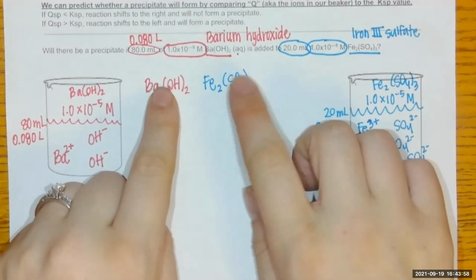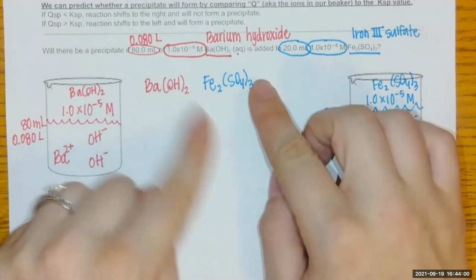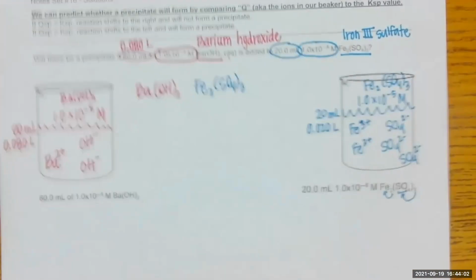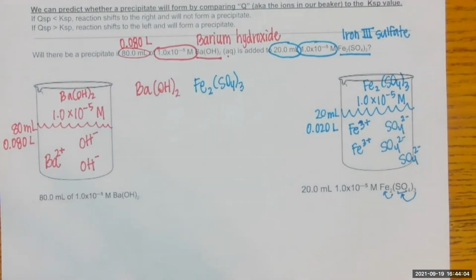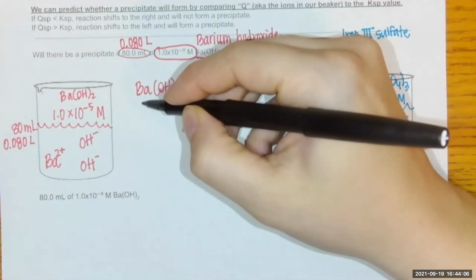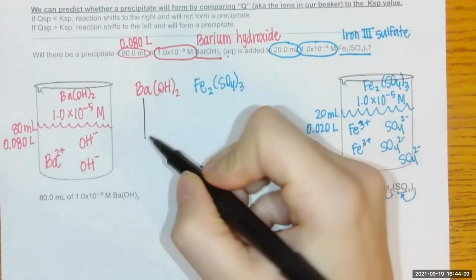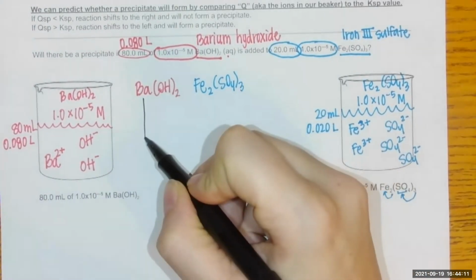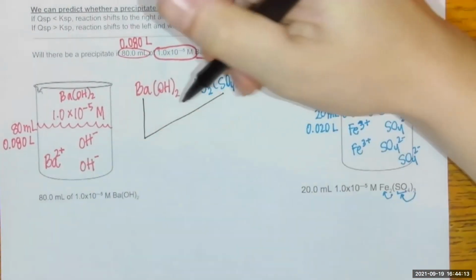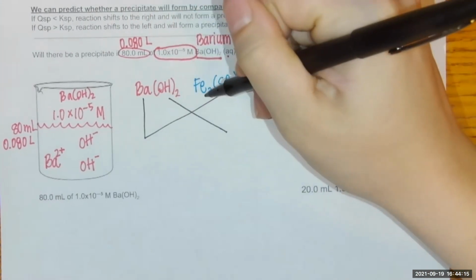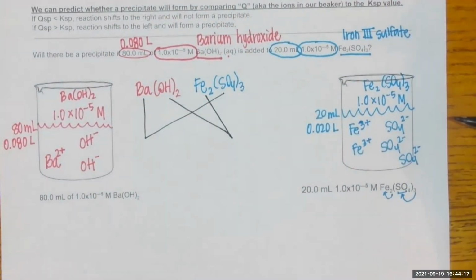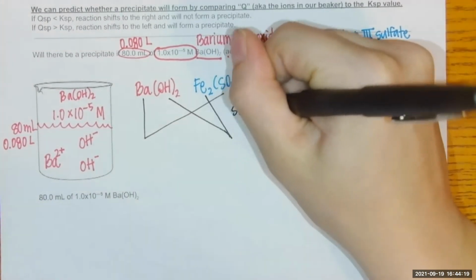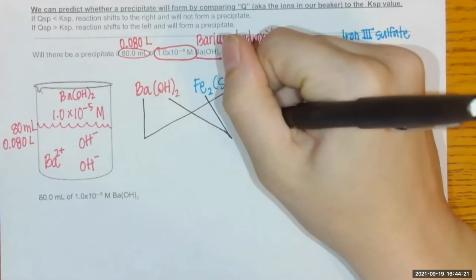What are the possibilities that could happen if these mix together? Like if instead we got, let's put the barium with the sulfate, and let's put the iron and the hydroxide together. So we're gonna do a swap.